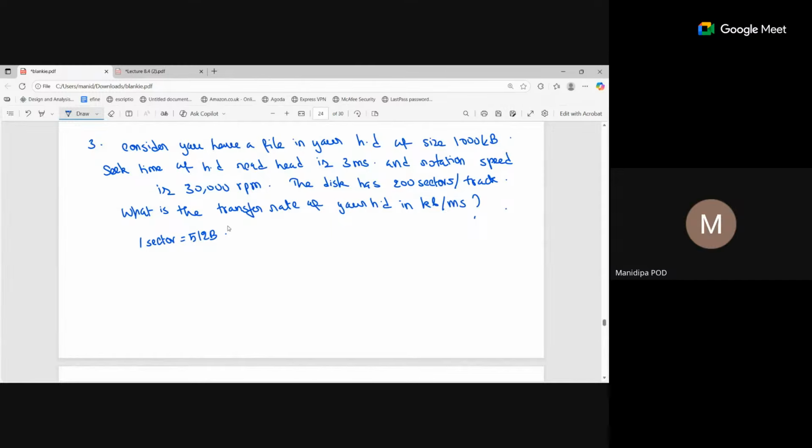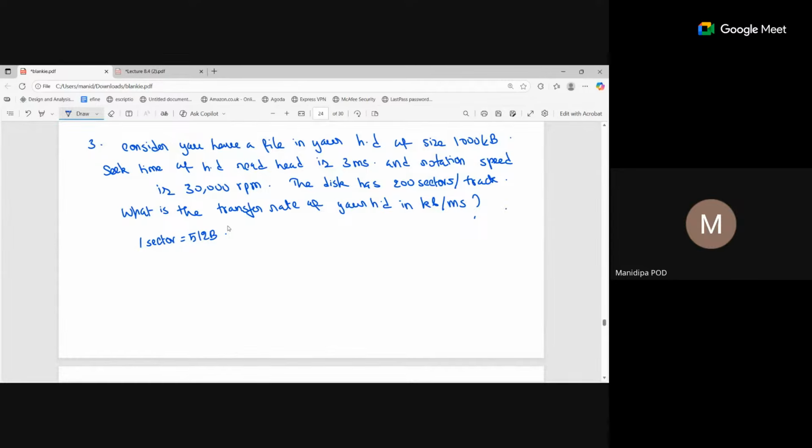Okay, please try to solve this. See all the information that is given to you. Everything you require is here. Consider you have a file in your hard disk of size 1000 KB. So first, what is the question that is being asked? What is the transfer rate?